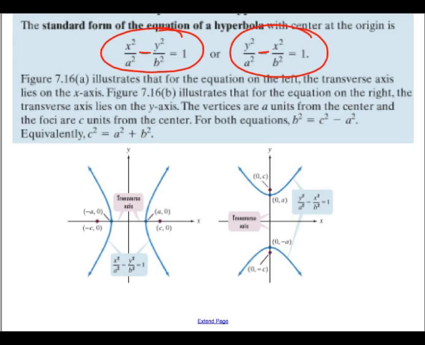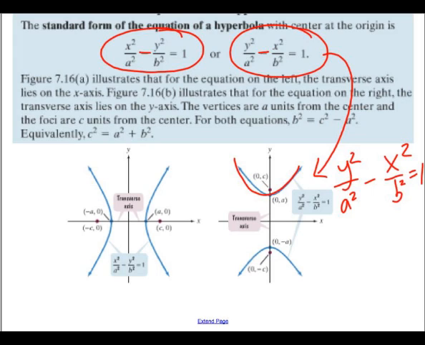What happens is when y squared is first, so this is the equation, y squared over a squared, x squared over b squared, when we subtract with y first, we're going to have an upward and a downward facing hyperbola. And of course, when x is first, now we're going to have a left and a right facing hyperbola. So that's going to be the key thing that we have to pay attention to when we're trying to graph these hyperbolas.